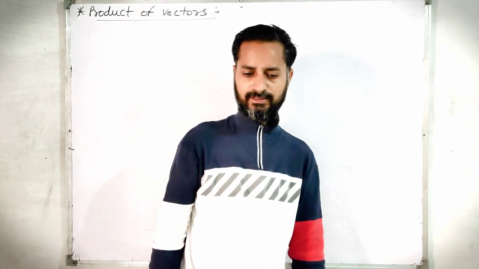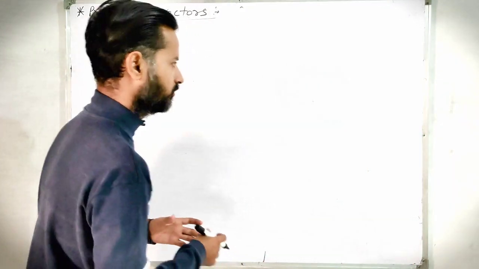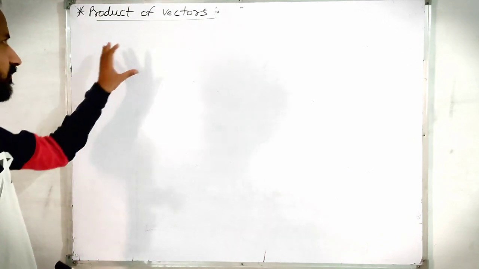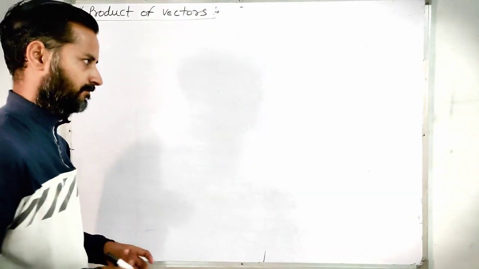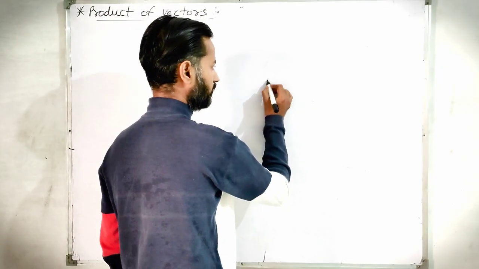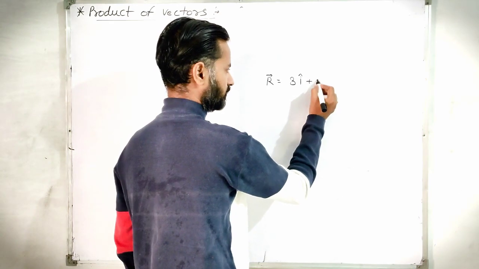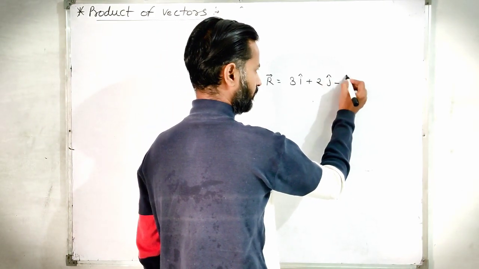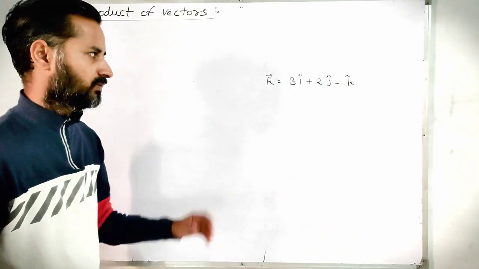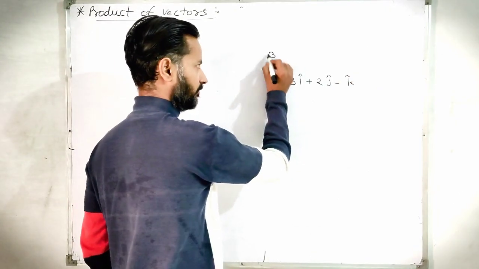Our next topic is the product of vectors. Vectors can be multiplied in three ways. The first is multiplication of a vector with a scalar quantity. Let we have a vector r equal to 3 i cap plus 2 j cap minus k cap, and we want to multiply this with a scalar quantity, or just a number, 3.